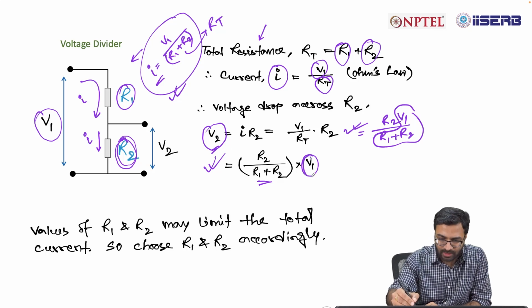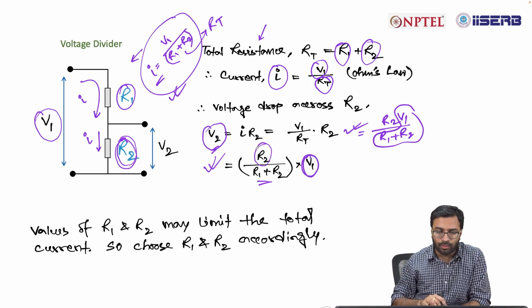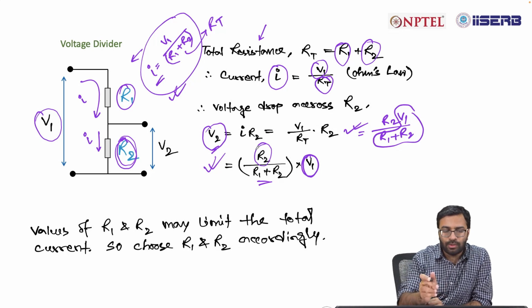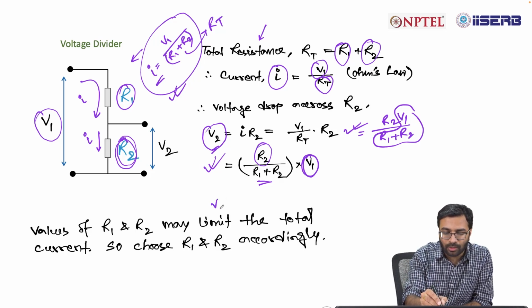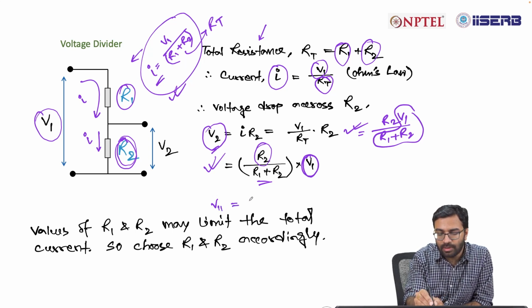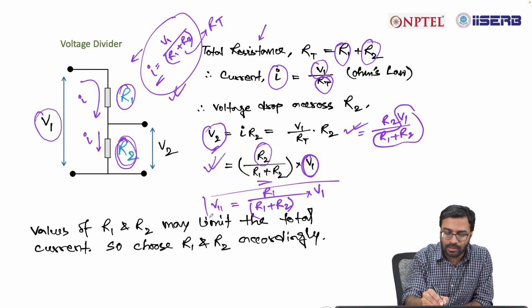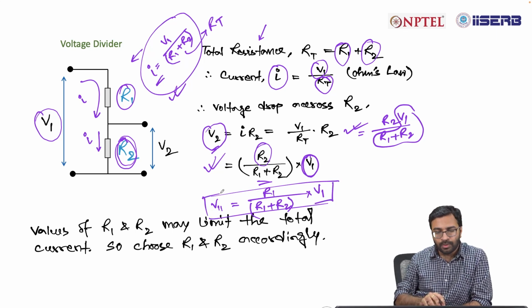Anyway, V1 is fixed, this is the input voltage. You just have to change the value of R2. Similarly, if you want to figure out the voltage drop across R1, say in this case V11, then it will be R1 divided by R1 plus R2 into V1. So this is the voltage drop across R1.